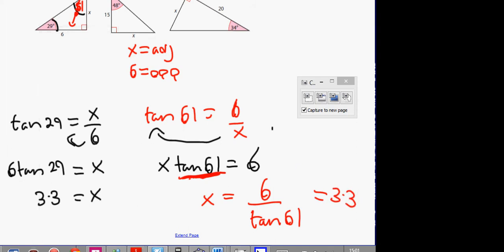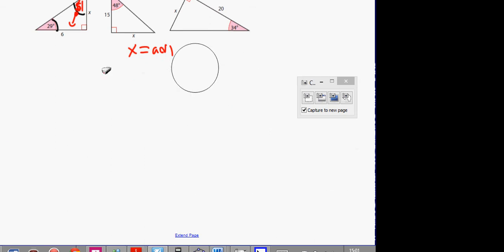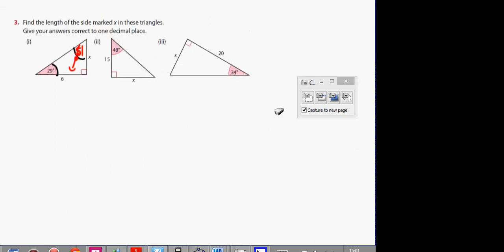Okay? Show you another one. Let's have a look at number 3 part 3. It's tan again. Guys, if I'm using the angle 34, what's the opposite and what's the adjacent? Opposite is X. Adjacent is 20.